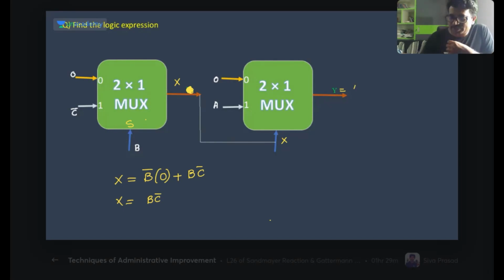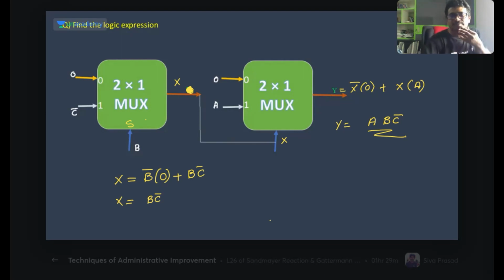Y is equal to A bar into 0 plus X bar into 0 plus X into A. So that means Y is equal to, X means A, B, C bar. This is the final expression. Done.